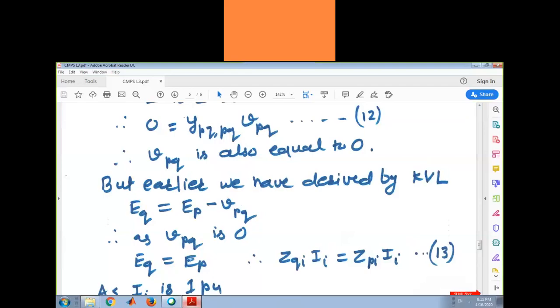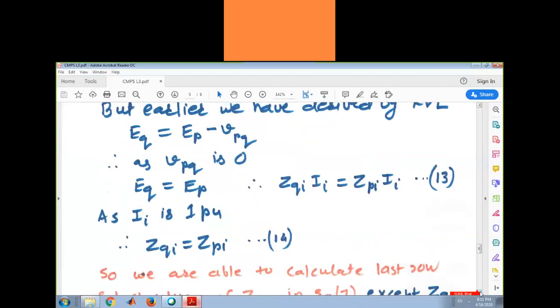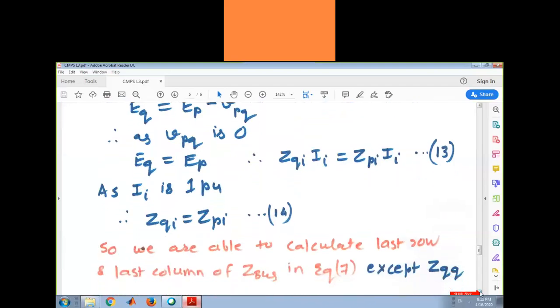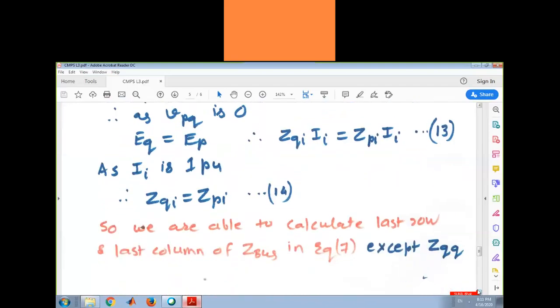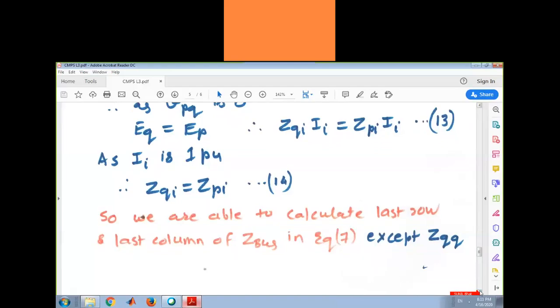So VPQ is 0, therefore EQ is equal to EP. But EQ is equal to ZQI into II, and EP is equal to ZPI into II. So we can write if II is 1 per unit, ZQI is equal to ZPI. So we are able to calculate last row and last column in equation number 7 except for ZQQ.